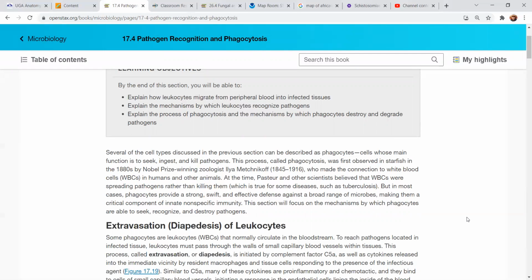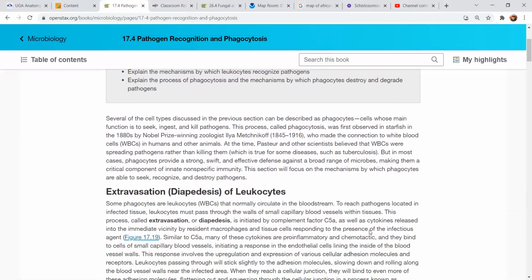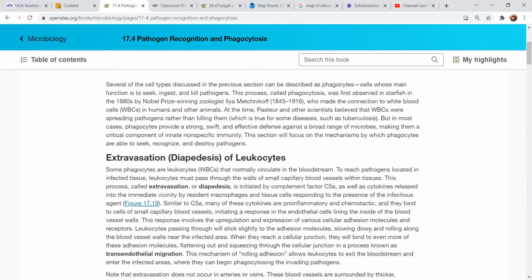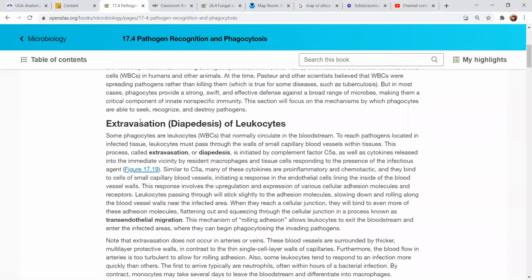And so in this section, we're going to look at how they're able to find and recognize and then destroy pathogens. So, like I mentioned a while ago, the leukocytes can leave the bloodstream.